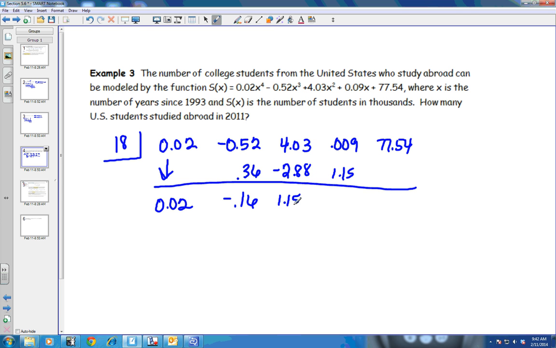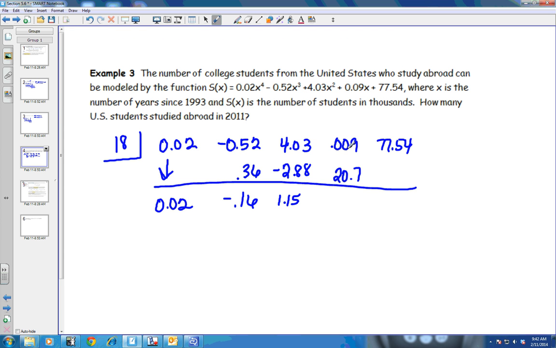That goes there. Sorry. So when I add those up, I get 1.15. 1.15 times 18 is 20.7.